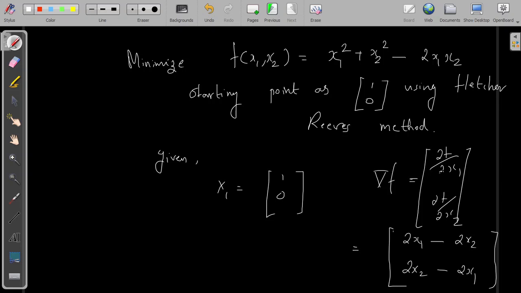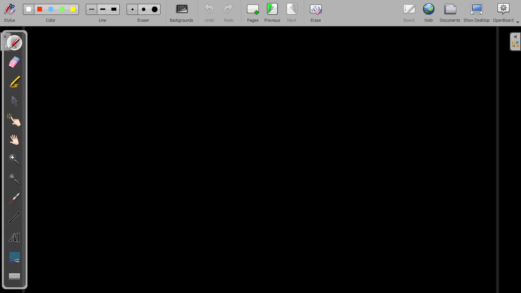You do the partial differentiation and you will get this. Then del f1, the gradient of the function f at the given initial point x1, is found by substituting x1 = 1 and x2 = 0, and you get the column vector (2, -2).